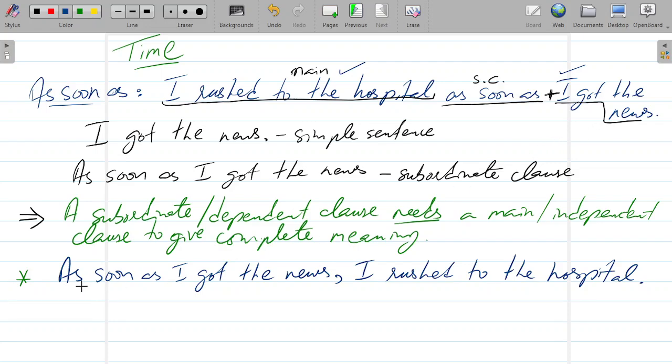Whereas if you're starting with the subordinating conjunction, the subordinate clause, as soon as I got the news, you see I've put in a comma. You need to put in that comma if you're starting with the subordinate clause. That is the grammatical requirement. So if you miss that comma, you lose marks for grammatical accuracy. And then you bring in the main clause. So that's one thing to keep in mind.